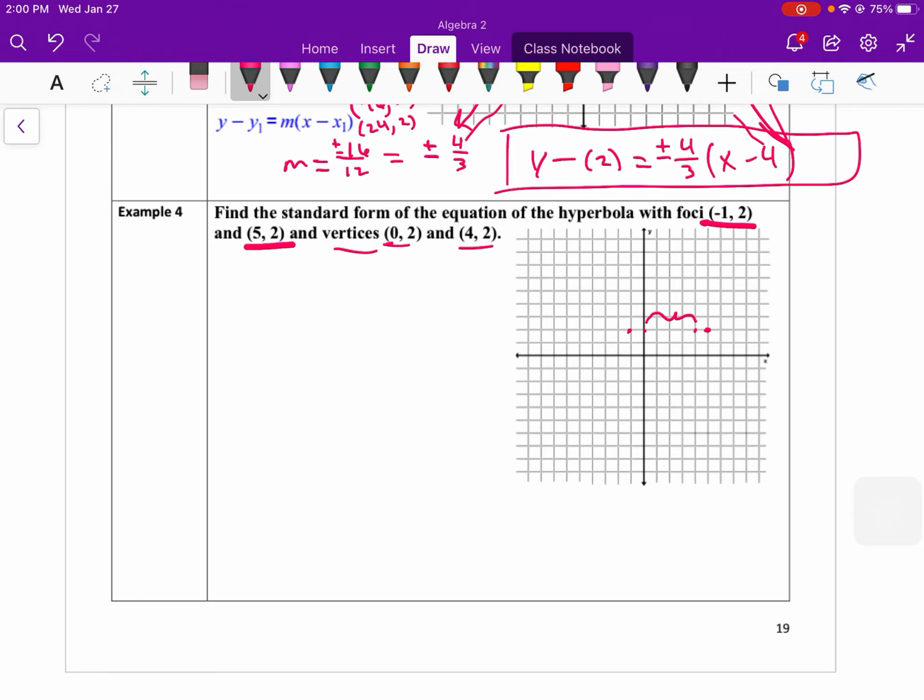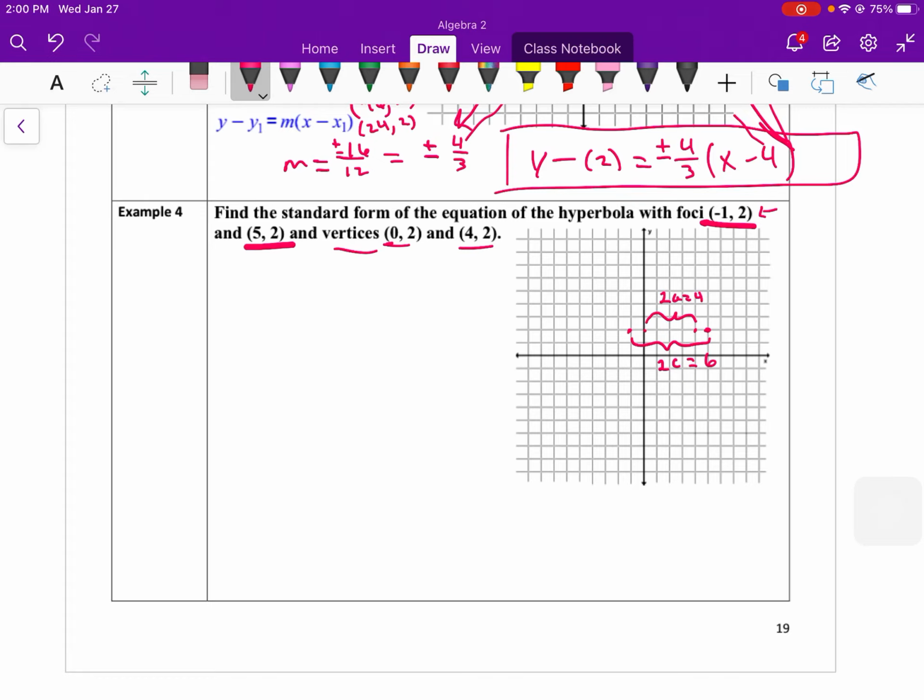We can find this total distance, 1, 2, 3, 4. So that's our diameter, so 2a equals 4. We can then do the same for c, which is associated with our foci. From there to there is, let's count, 1, 2, 3, 4, 5, plus 1 is 6, so 2c equals 6.